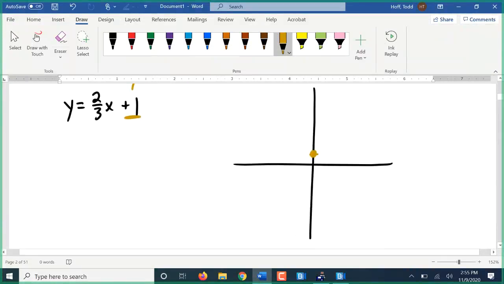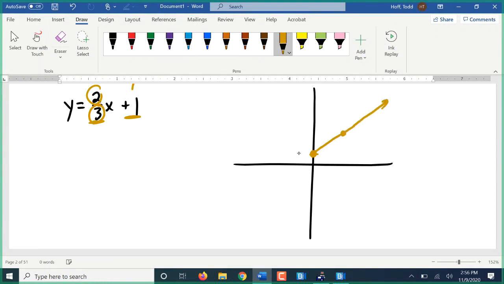Typically, it goes through at the origin, but that moves us up and down from the origin. Then, of course, the 2/3, we rise 2, run 3. So from this point that we started at, the +1, we rise 2, 1, 2, and we run 3, 1, 2, 3. That gives us our second point on the line. And we can draw our line through those 2 points, just like that.